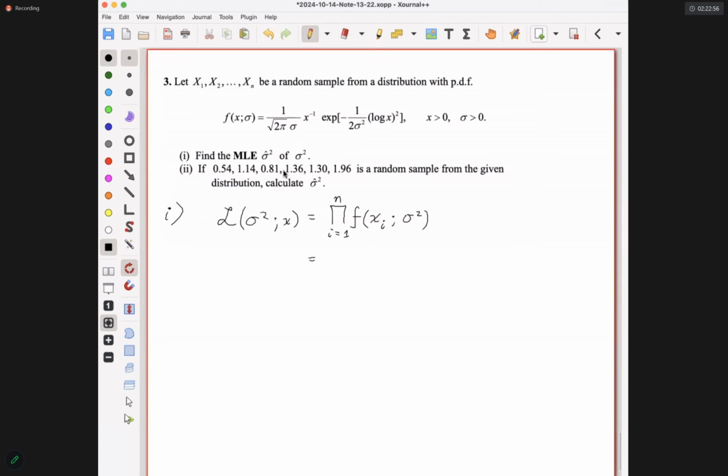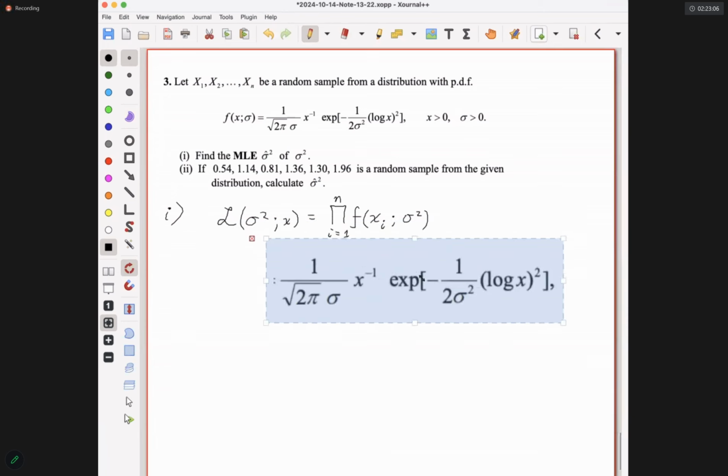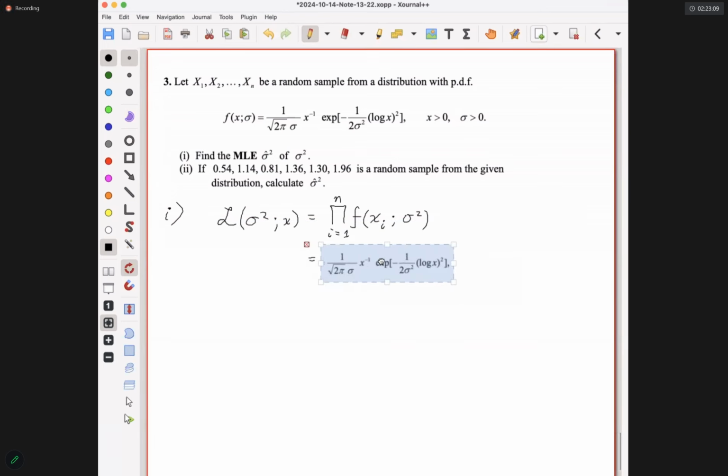And that's this whole thing again, just with the xi's. And now how do we simplify this?